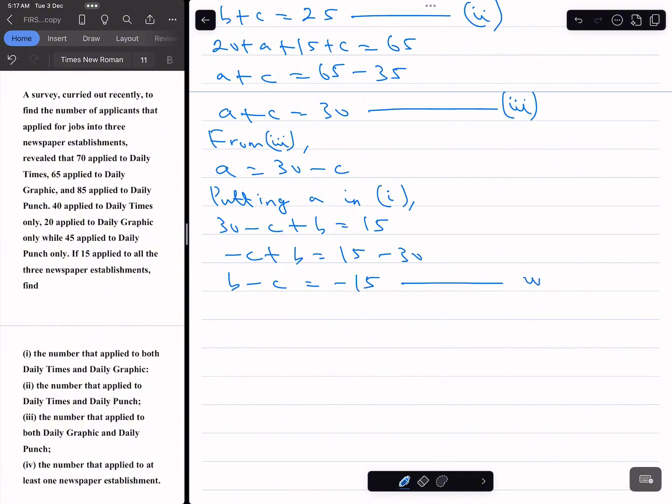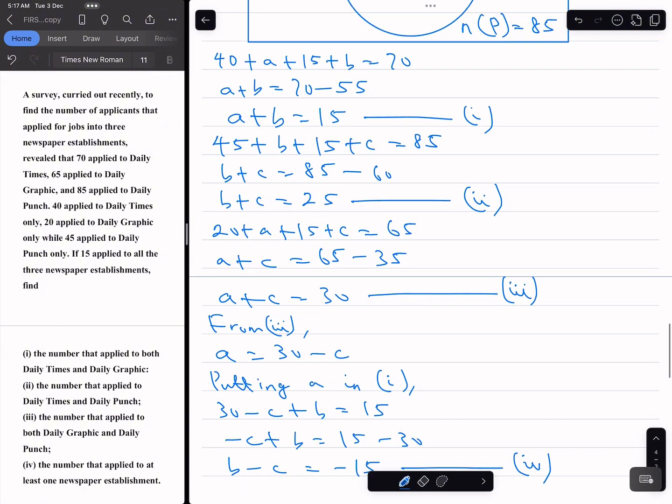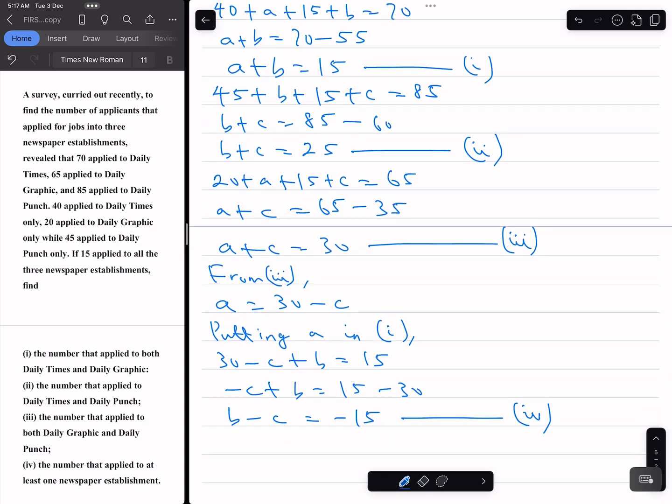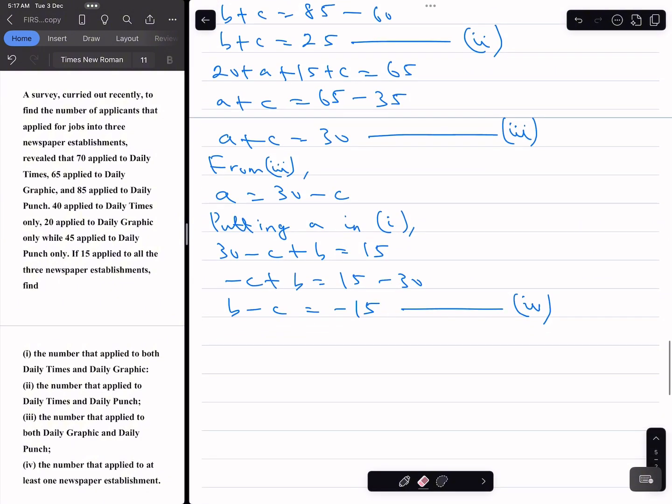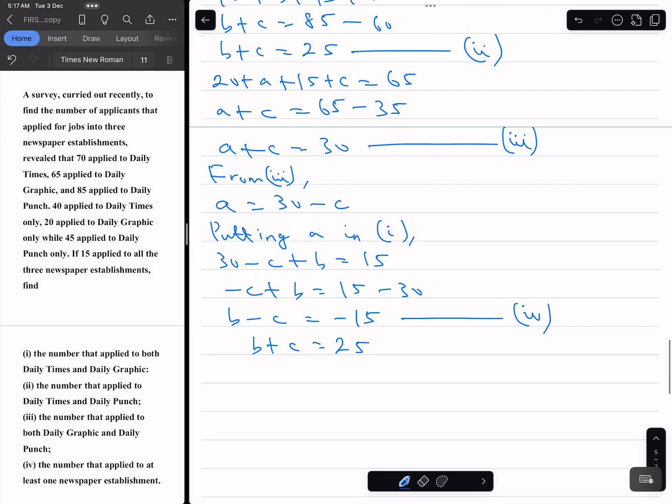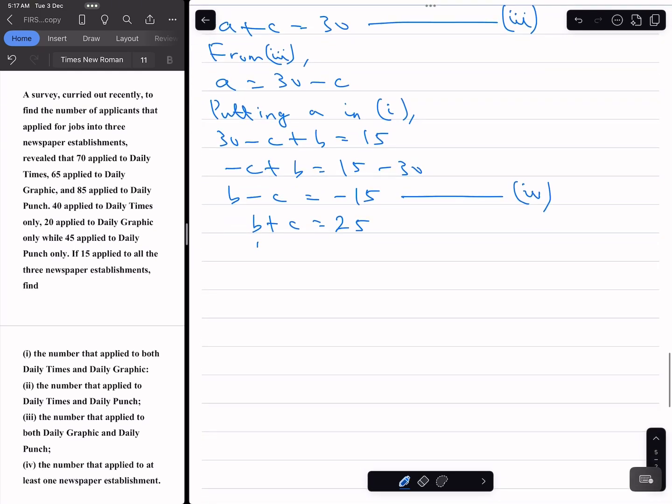So that's equation 4. Now I can solve equations 2 and 4 simultaneously because they are both in terms of B and C. Equation 2 is B plus C equals 25, while equation 4 is B minus C equals minus 15.